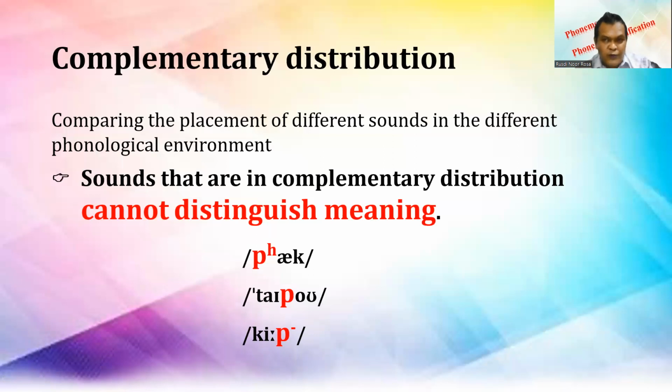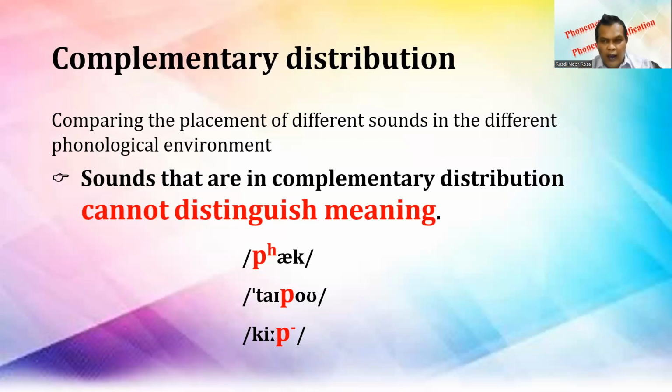We don't release the p sound. This can only be applicable when p is located in the final syllable in this phonological environment. So you can see that each of these phonological environments is not changeable. And this is what we call a complementary distribution.